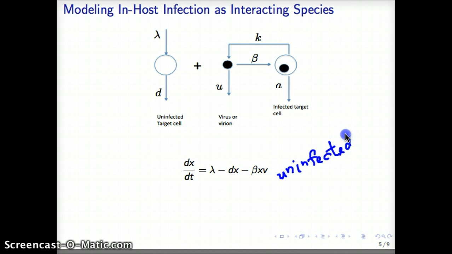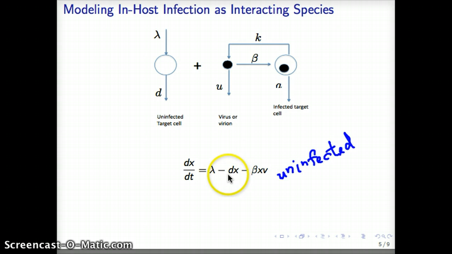And the rate of change on the size of the population of uninfected cells is given by a constant rate of growth. There is this rate d, which is a very standard assumption.